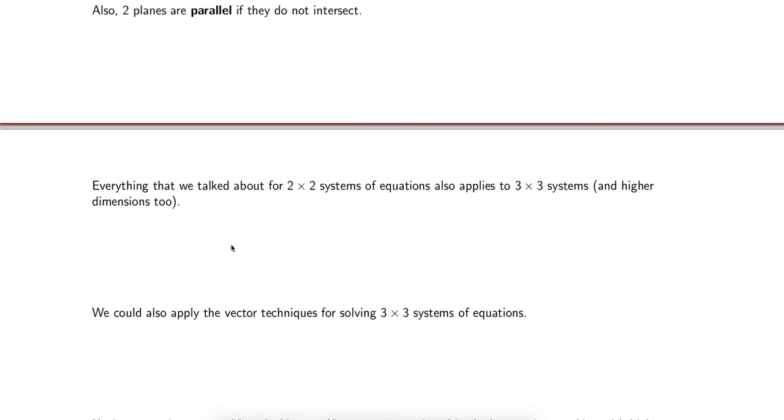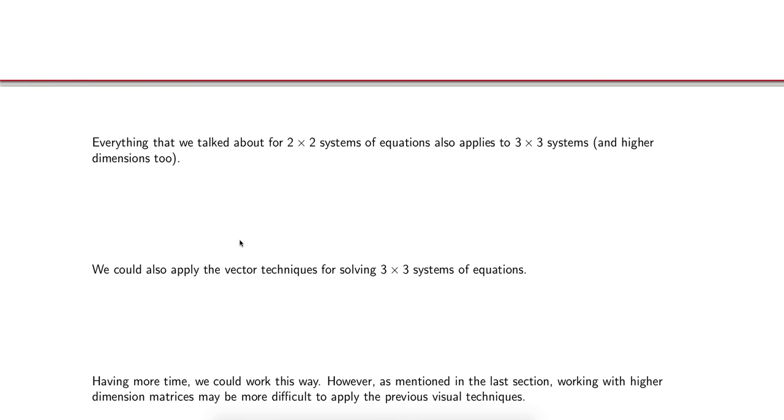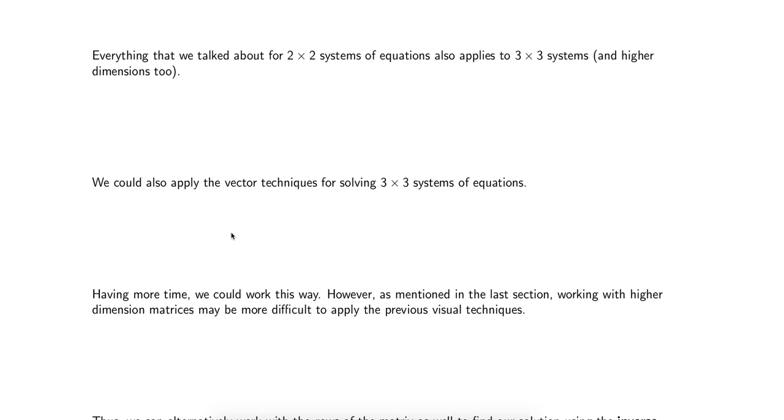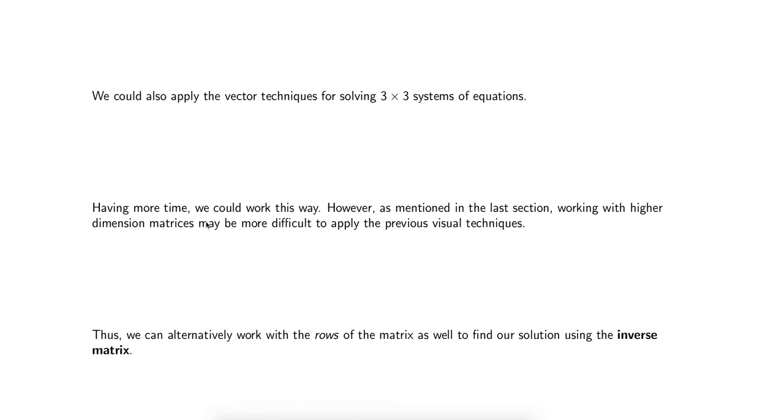We are going to look at the row operations that we talked about in the last section, where we can switch 2 rows, multiply a row by a non-zero number, and add or subtract 2 rows as well. That's what we're going to look at when we get into some examples, which will be in the next video. If we had more time and training, we could probably do a lot better using that technique with 3-dimensional equations.